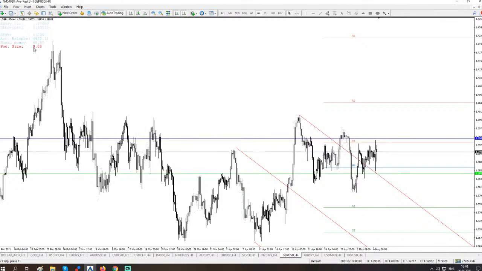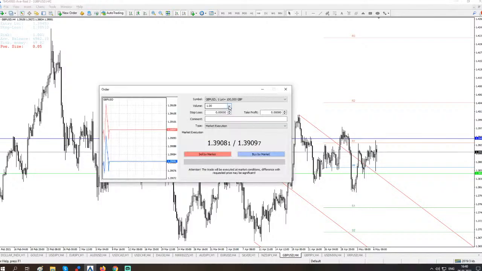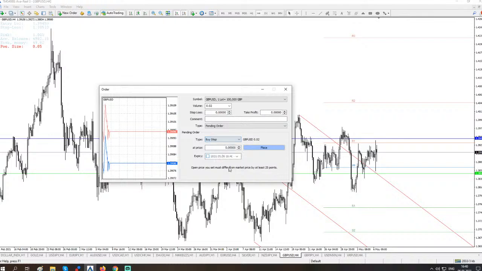Okay, position size for my real trading account will be 0.05, and I've told you that I will open 2 positions guys here, because I will use two take profits.